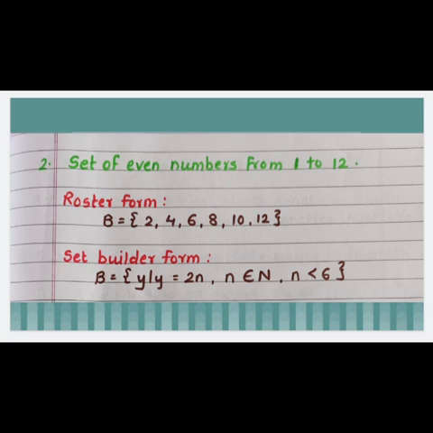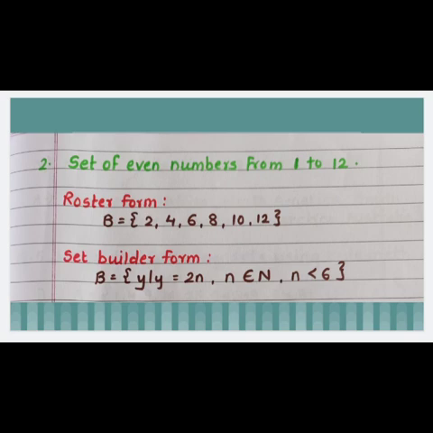Now the same example by set builder form. Capital B is equal to curly bracket. Now to show the element you can use small x or any letter from A to Z, but here we use small y, such that y is equal to 2n. 2n means these are the numbers which are multiples of 2, hence we use here 2n.